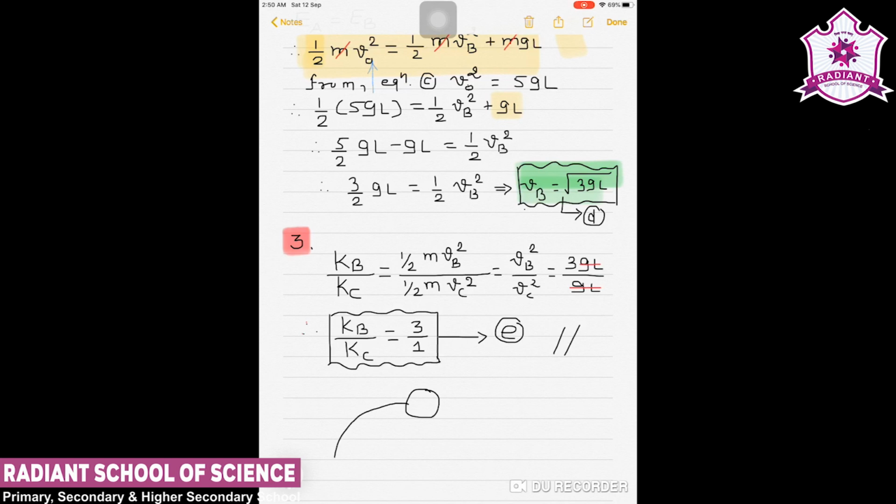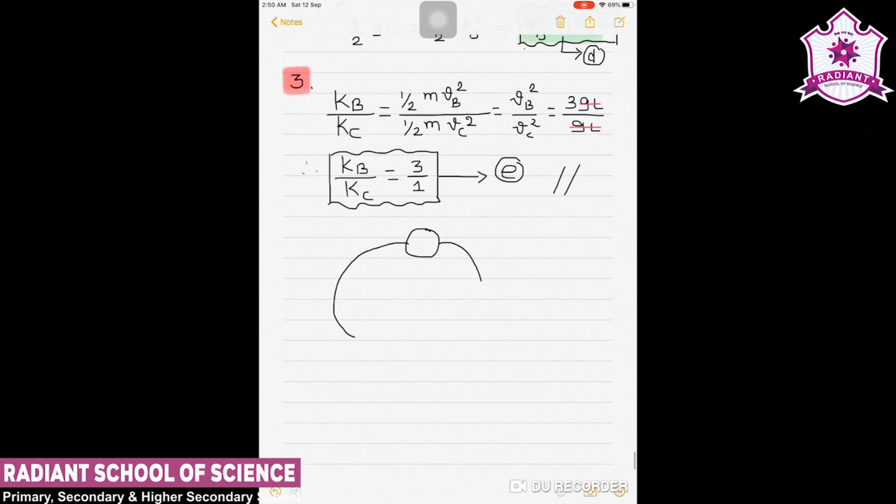If this is the circular path in which the object is moving, and it is cut at this point, it will go in this manner, performing a projectile motion. But if it is kept as it is, it will complete its whole revolution around the center.